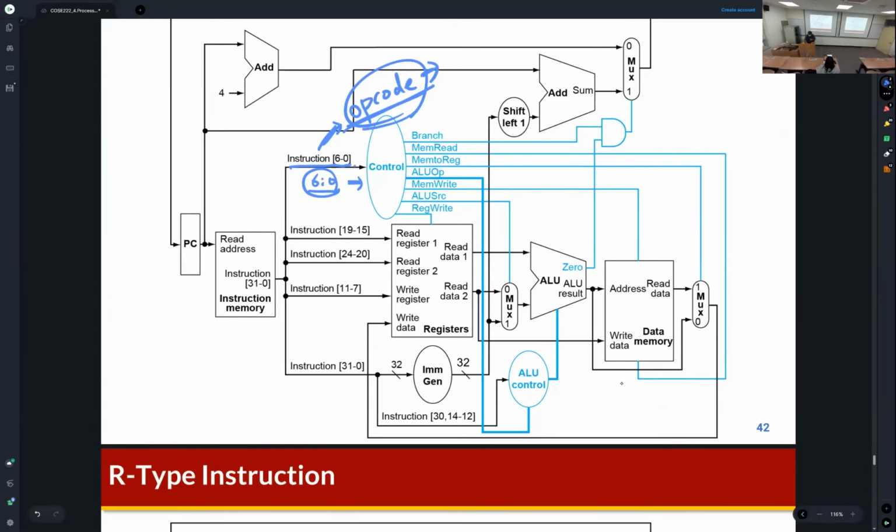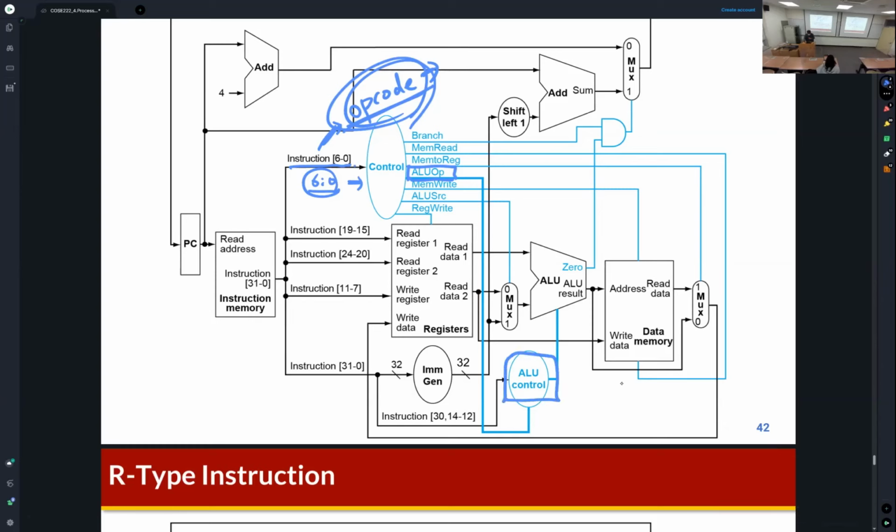Based on the OP code field, the control unit will figure out which type of instructions are given to the processor. Then ALUOp, these 2-bit control signals, are determined by the OP code field of an instruction, and this ALUOp signal is given to the ALU control unit.